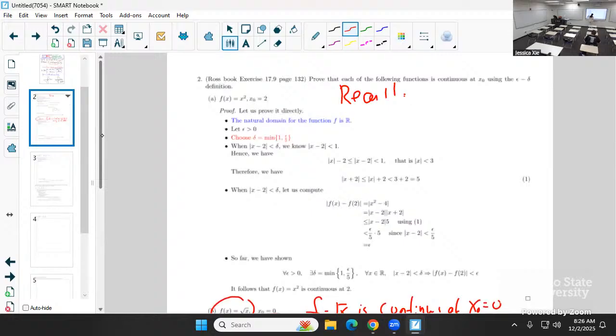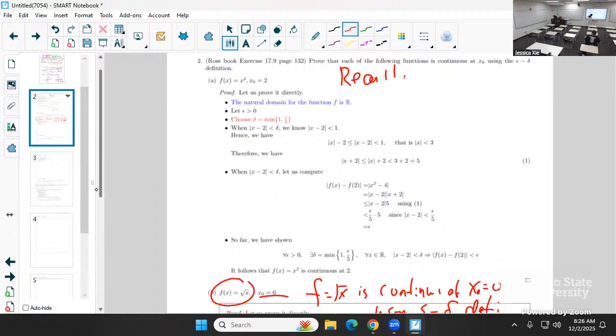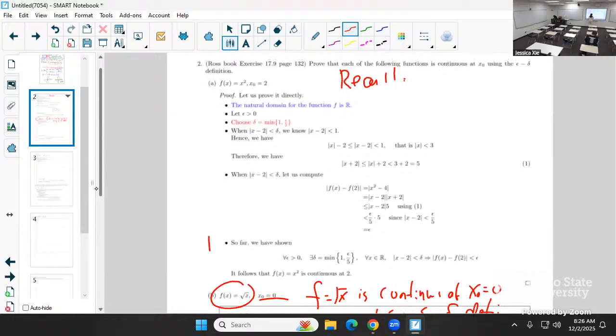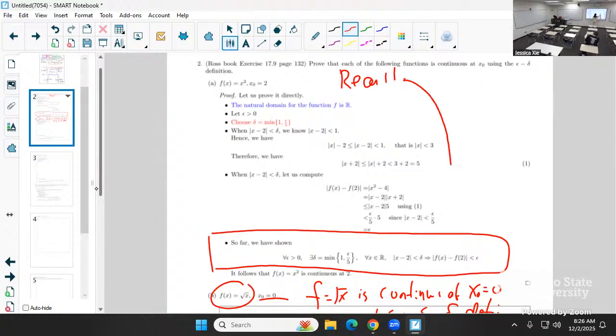To show that a function is continuous at a point using the epsilon delta definition, here is the definition: for all epsilon, right? Again, that's a for-all type statement. There exists a delta, right?